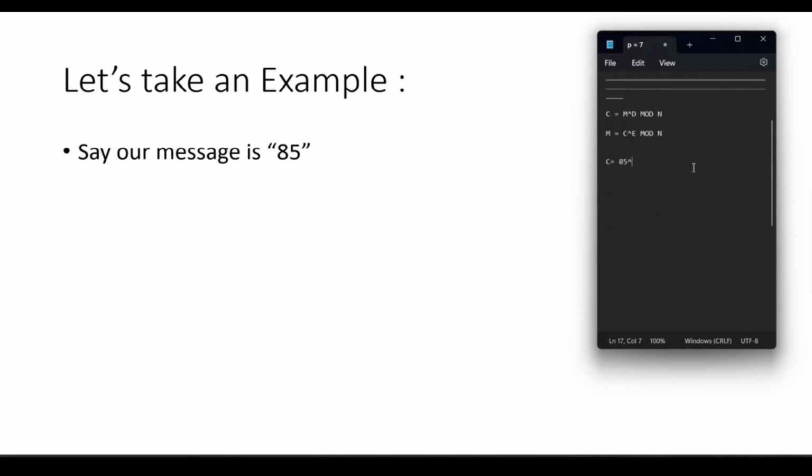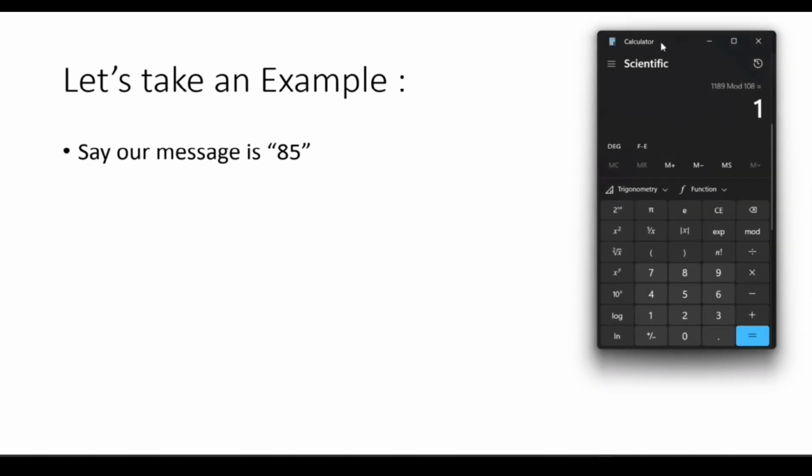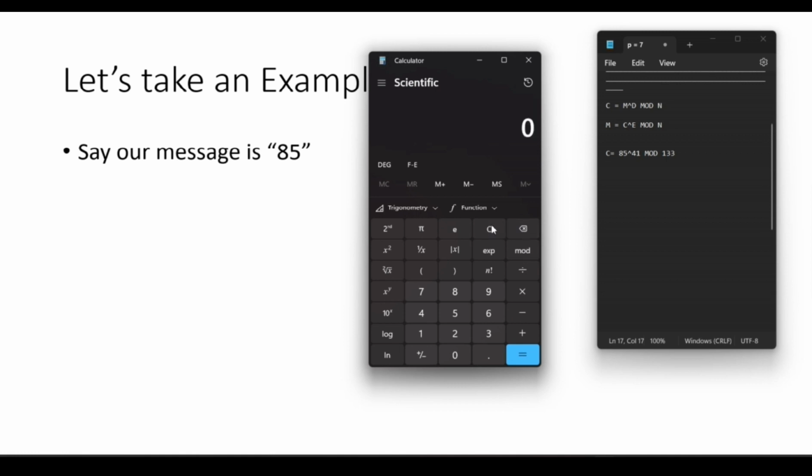It was 41, mod N. That is the product of P and Q. That was 133. So 85 raised to 41 mod 133. That gives us 92.